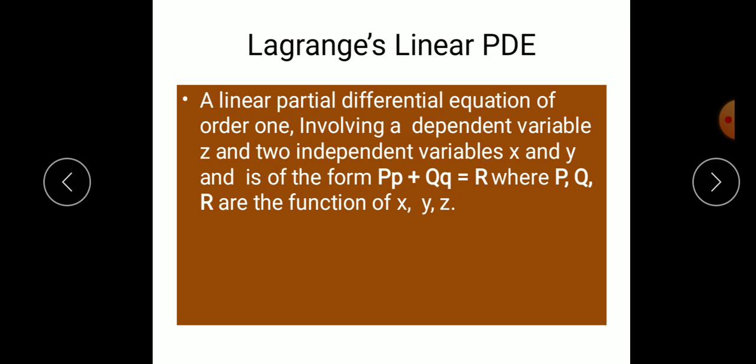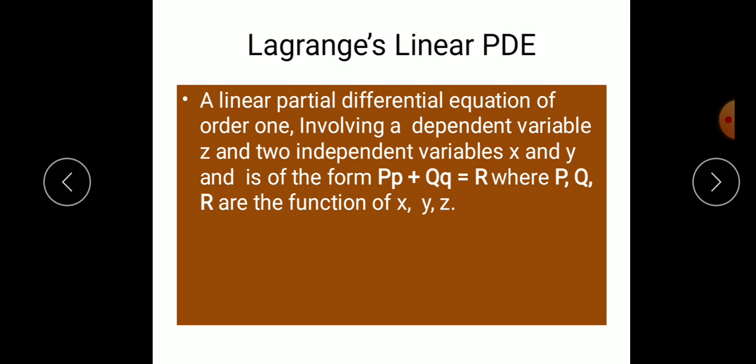Okay, so this partial differential equation of first order can be classified into linear, semi-linear, quasi-linear and non-linear partial differential equation of order 1.